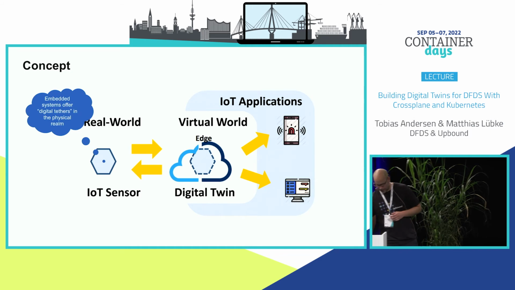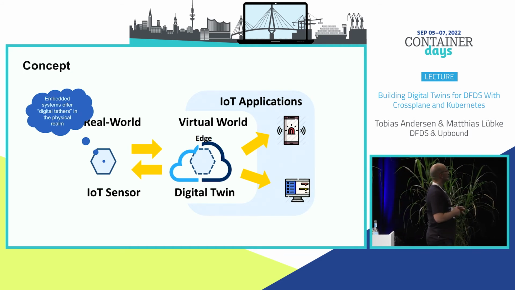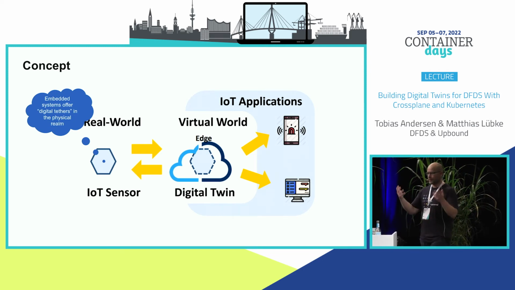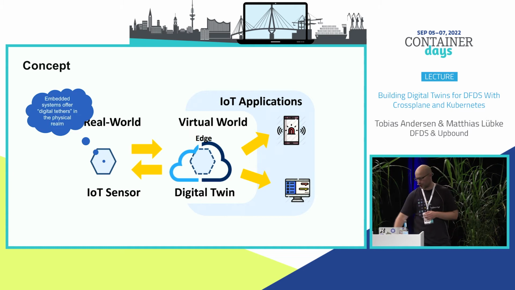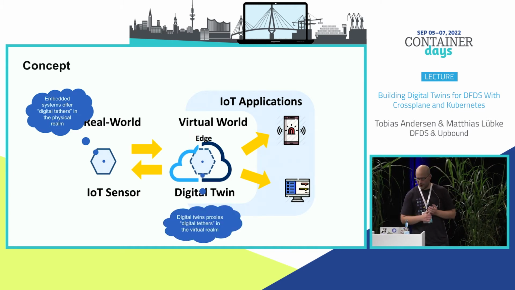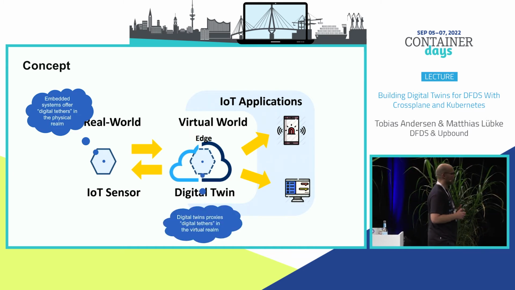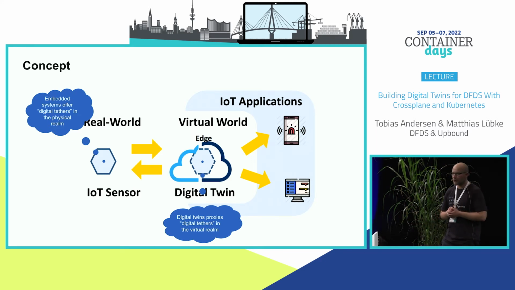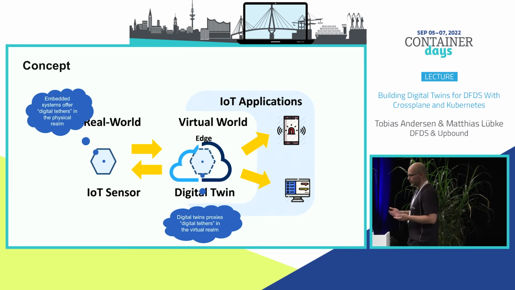But essentially, the IoT sensor has the embedded system that offers the digital tether, so you can think about that as an interface that the digital twin can mount to take control of the sensor. Then you have essentially the proxy itself, which facilitates the communication between the IoT device and the people wanting to interface with it.